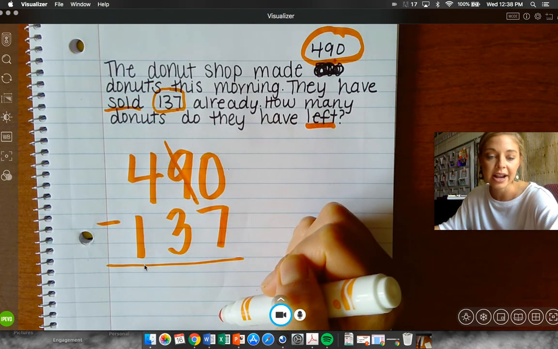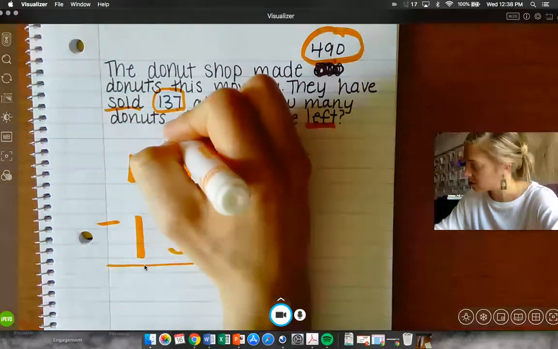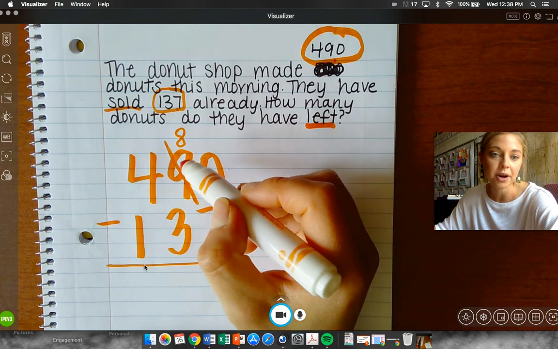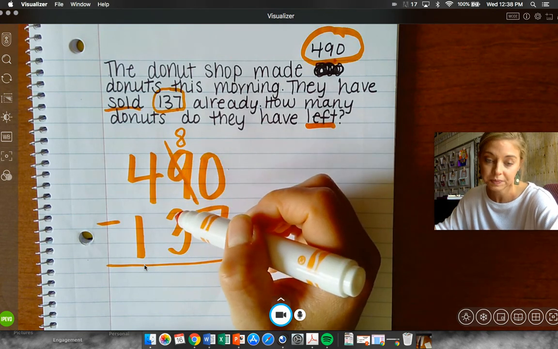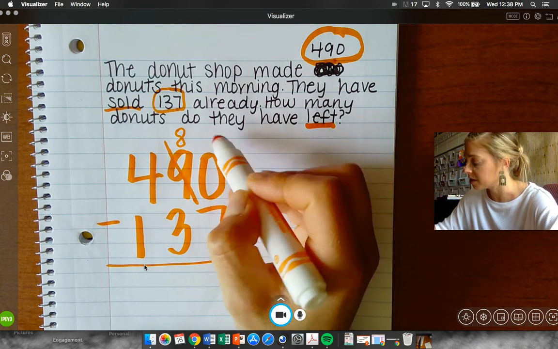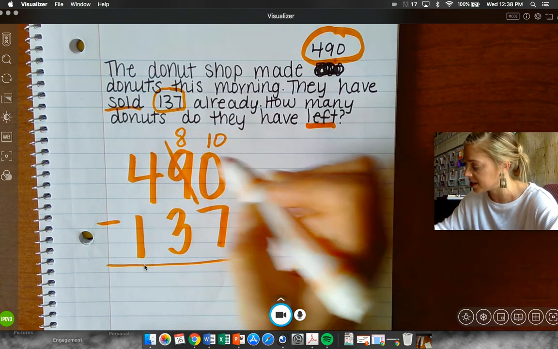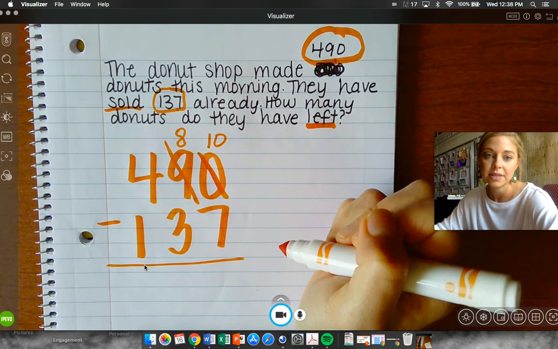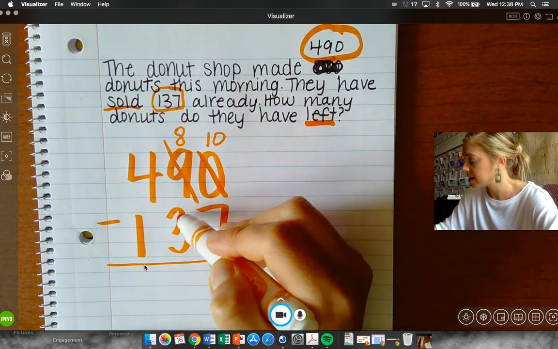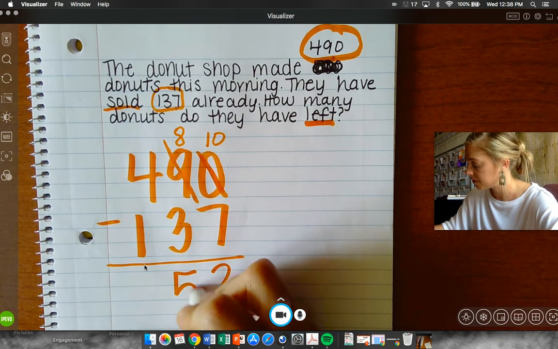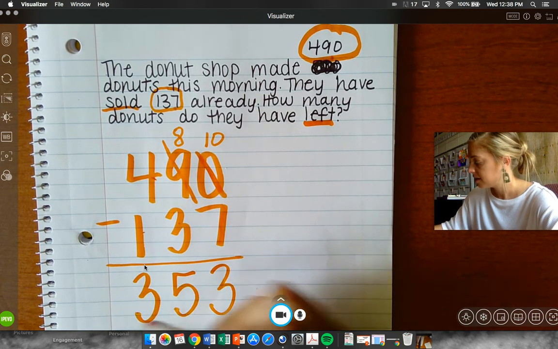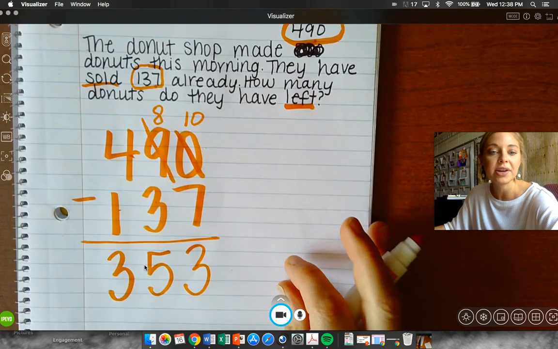And they're going to let us for sure, and so the 9 is going to change to an 8, because it's always going to subtract 1 from this number because we're borrowing 1. Now, I put a 1 in front of this 0, so it changes to a 10. Now I have 10 minus 7, which is easy. That's a 3. 8 minus 3, 5. 4 minus 1, 3.